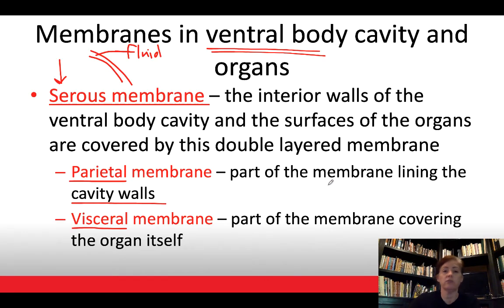Because it's only the ventral cavities. The second part of the membrane, because again, it's a 2-layered membrane, so we need to have another layer. So the other layer is going to be the visceral membrane. And visceral means organ, okay? So the visceral membrane is going to be the part of the membrane that's actually covering the organ itself.